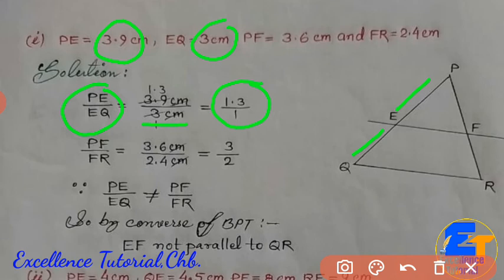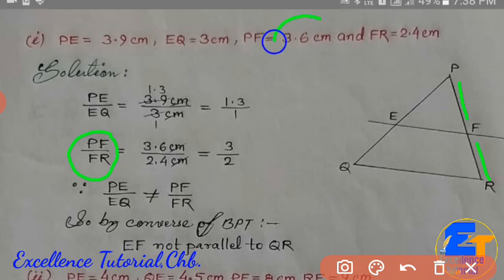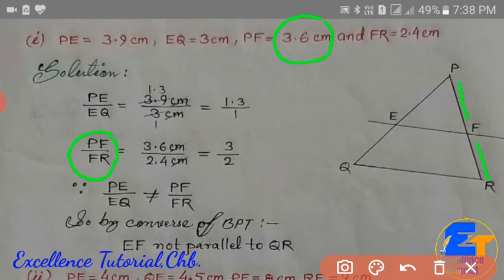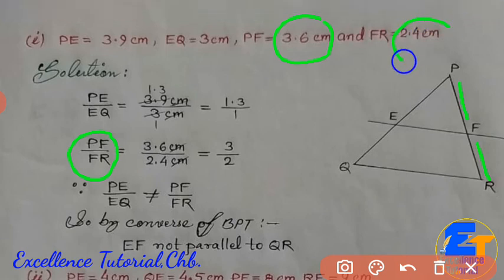Now the ratio of this part, PF upon FR, we calculated here. In the question, PF is given as 3.6, and FR is given as 2.4, so we have written the same here, 3.6 by 2.4. The decimal placement at numerator and denominator is after one digit, so you can remove the decimal sign, and it will become 36 by 24.